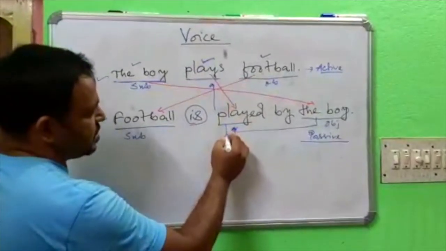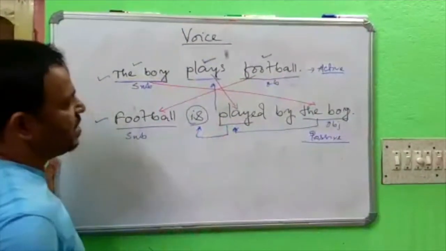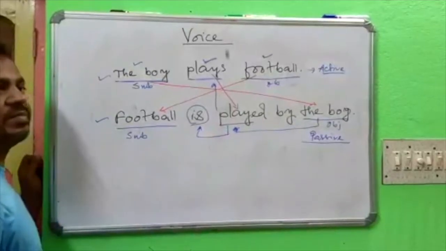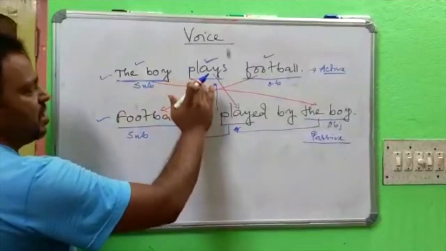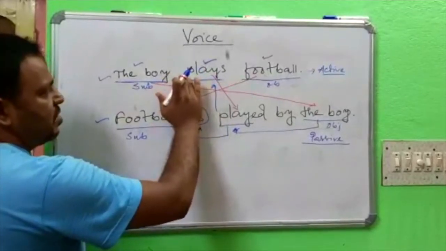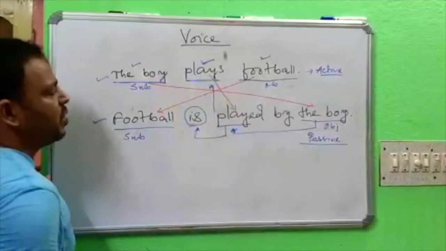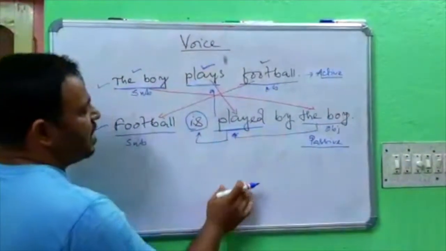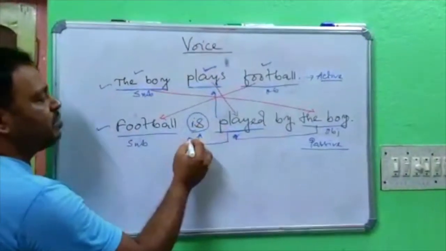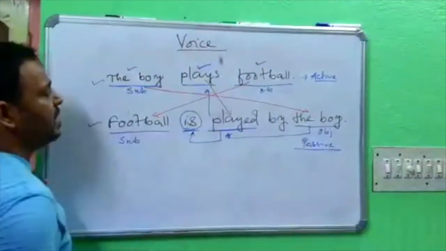But before this past participle form of this finite verb, it has taken a be verb. That is, when we change the verb from active to passive, we will have to use the past participle of the finite verb, and before that we will have to use a be verb in any form.